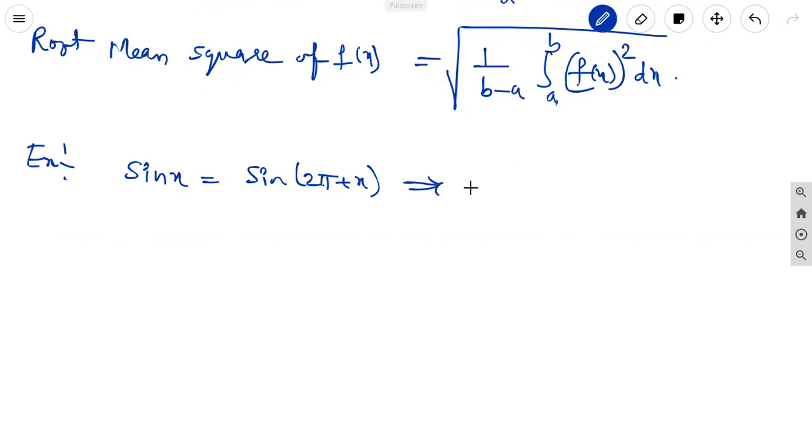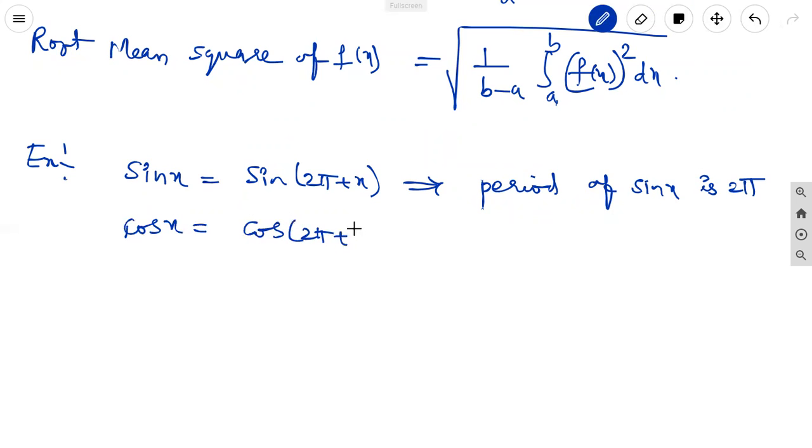So from this, we can say that the period of sin x is 2 pi. We have to remember periods also. In the same way, cos x period is also 2 pi only. The same value when we get after the rotation, period of cos x is 2 pi.